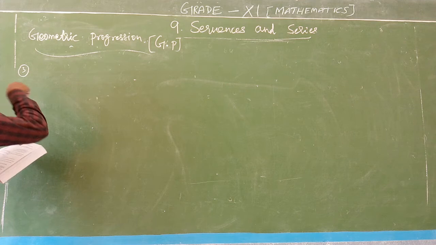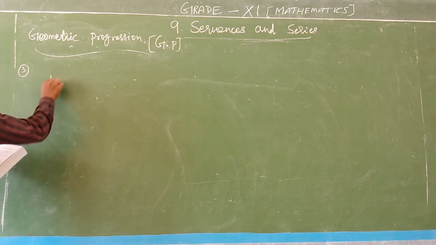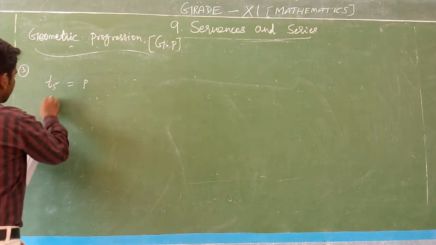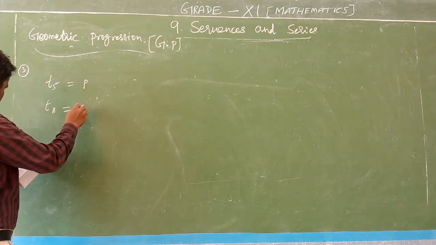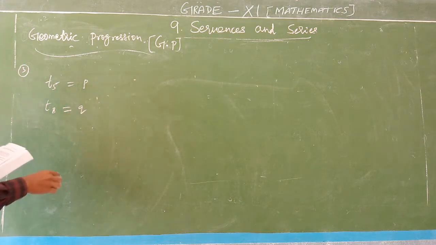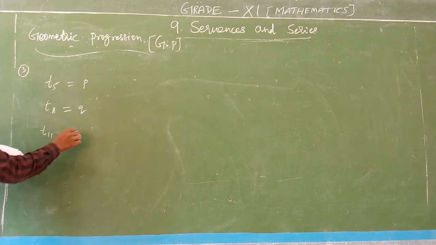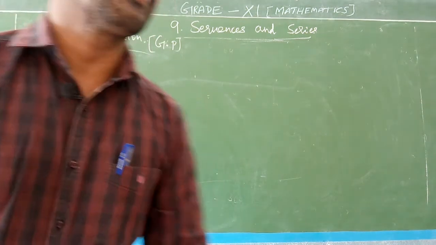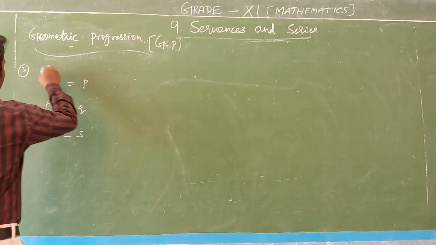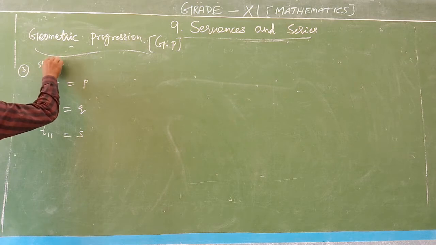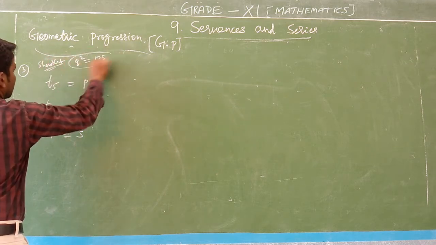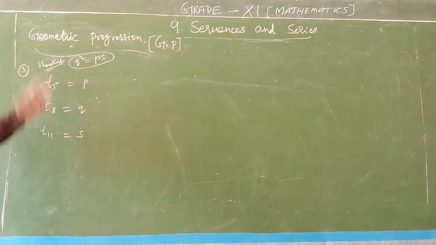The 5th term T5 is equal to P, the 8th term T8 is equal to Q, and the 11th term of the GP, T11, is equal to S. Then show that Q squared equals PS. We need to show this.